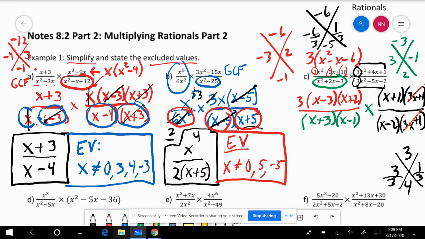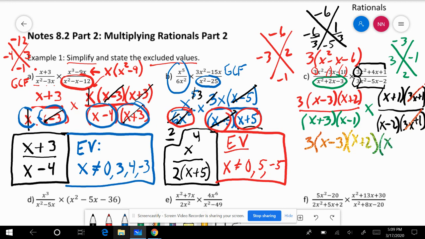So we're going to write our answer. 3, x minus 3, x plus 2, x plus 1, over x plus 3, x minus 1, and x minus 2.